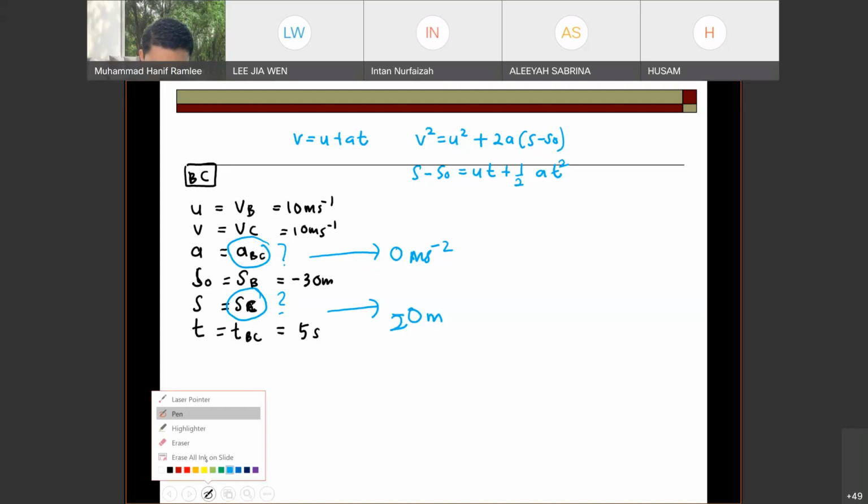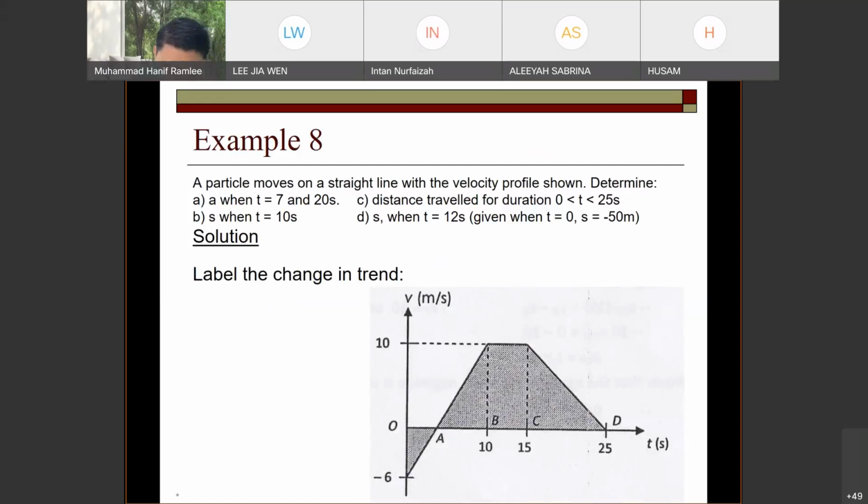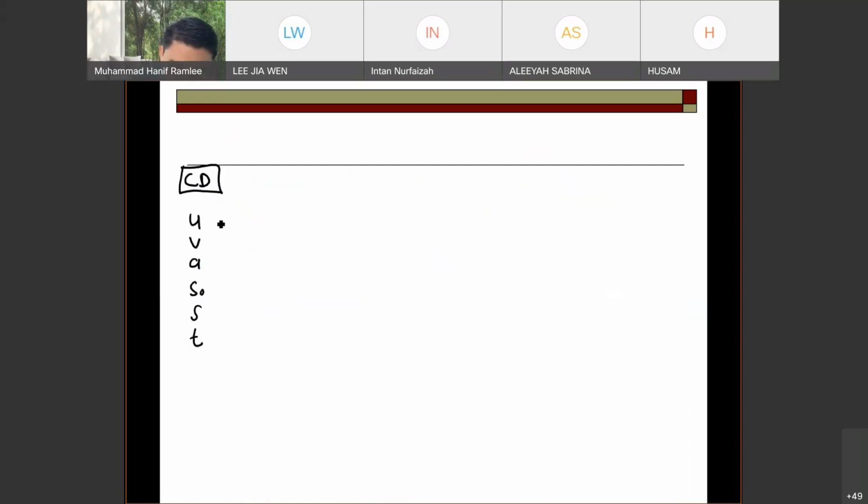Let's move on to the next one, which is the region CD, the final one. Again, you have to determine this thing. T, oops. So you have U is the VC, V is VD, A is the ACD, S not is the SC, S is the SD, and T is TCD.